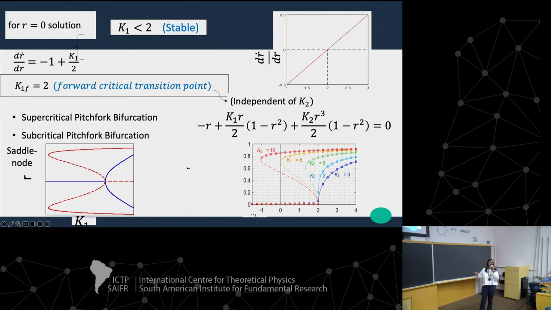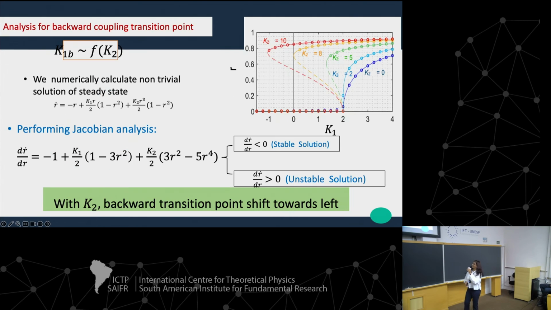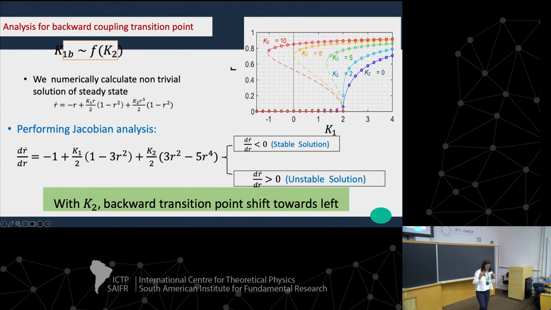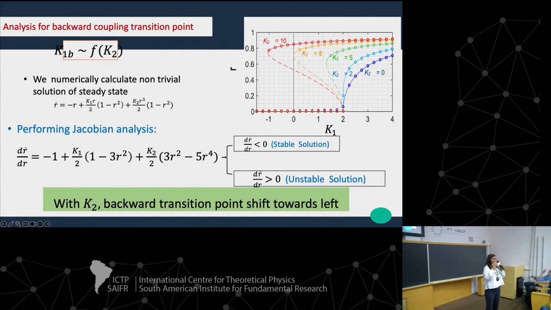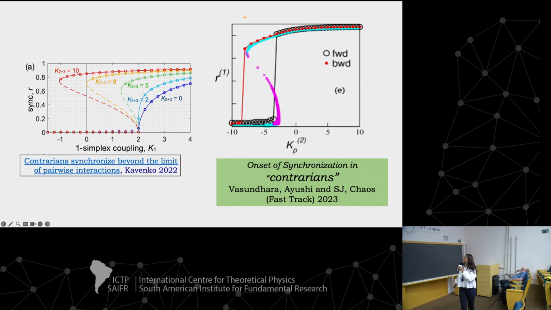So in the presence of higher order interactions, you get synchronization even at negative coupling strength. Something which was destroying the synchronization, like higher order, is somehow causing frustration. But when the system is synchronized in the presence of higher order, it is very difficult to break the synchronization. That is something very interesting.